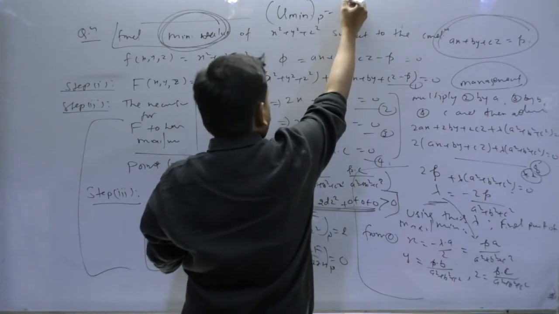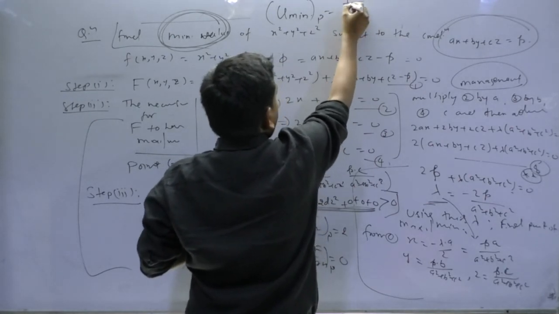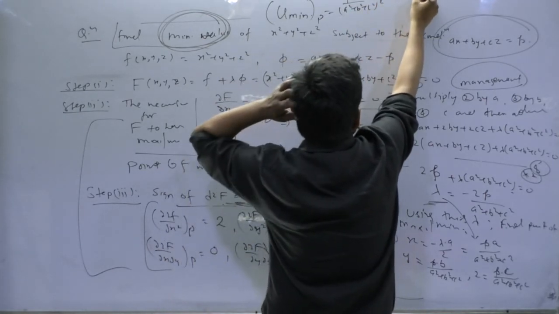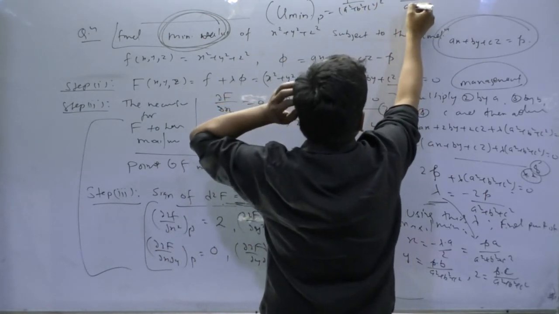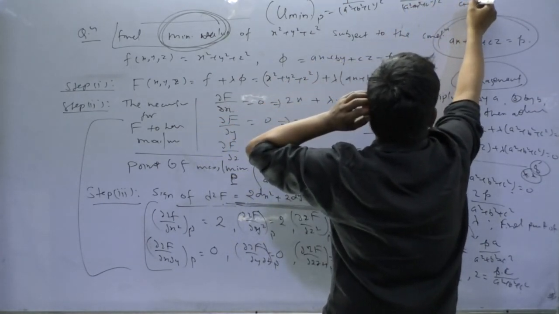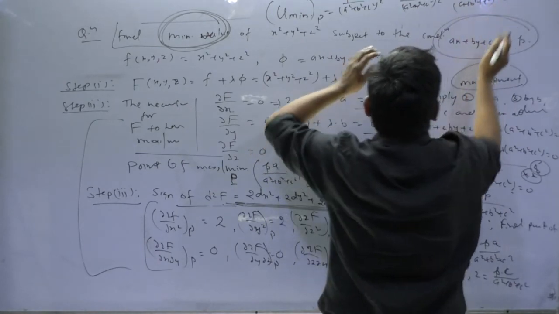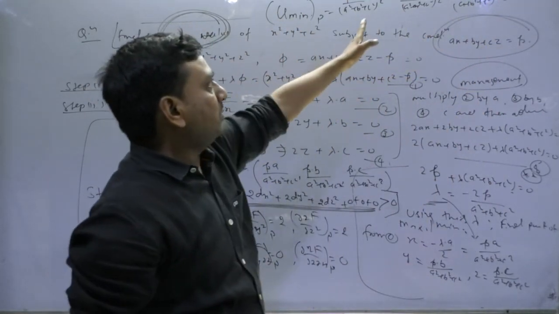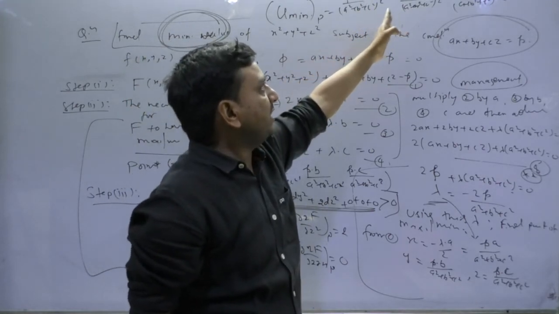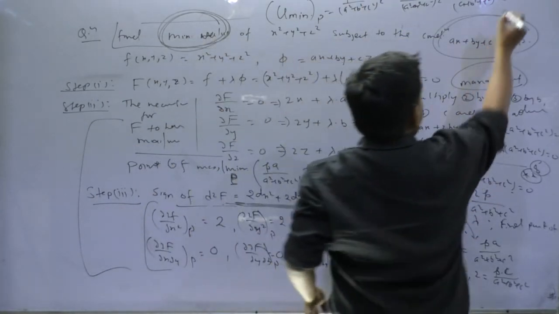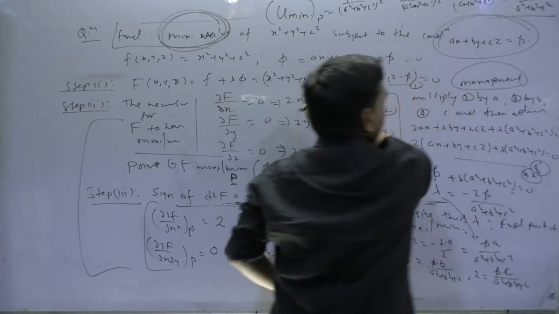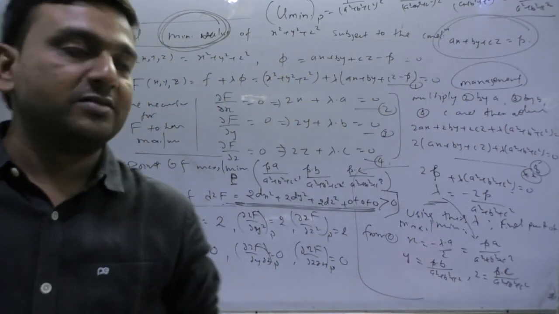So P square A square upon A square plus B square plus C square whole square, plus P square into B square upon A square plus B square plus C square whole square, plus P square into C square upon A square plus B square plus C square whole square. P square is taken out. Inside you will have A square, take that outside: A square plus B square; inside one remains, A square plus B square plus C square. Ultimately you will have P square upon A square plus B square plus C square, and that is your answer.